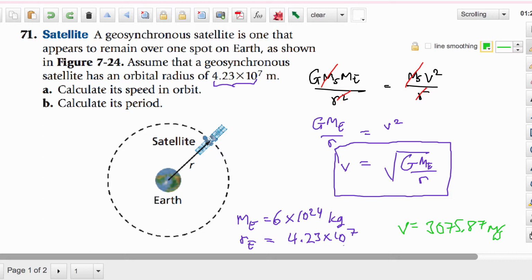Since you have an expression for the speed, and you can get an expression for the length of the path around that circle, you can use those two to get the period. Don't solve it just yet. Get an expression for the period, and then we'll use that to solve for it.